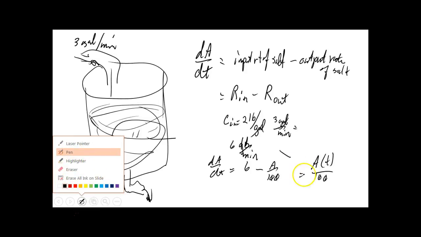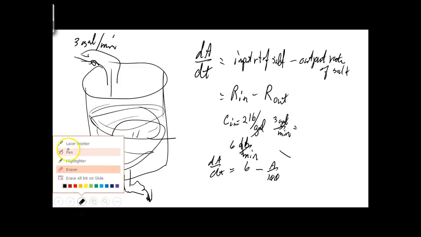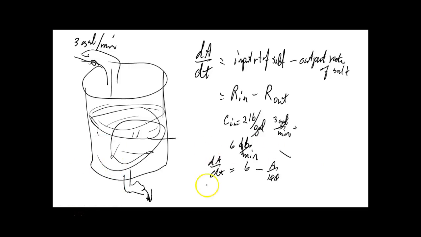Now, what they do with this, and this is typically what we do, we get dA/dt plus, because you're adding that to both sides, A over 100 is equal to 6. That would be a differential equation we would solve. You wouldn't want them on opposite sides; you want the variables on the same side and a constant on the other, almost like equations. They are equations, but you're dealing with differentials, derivatives.